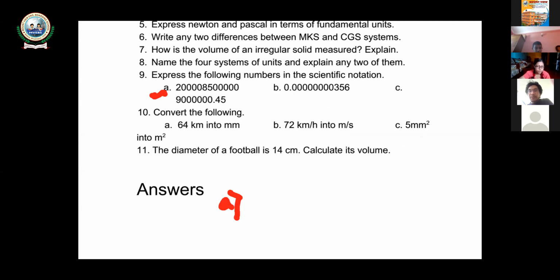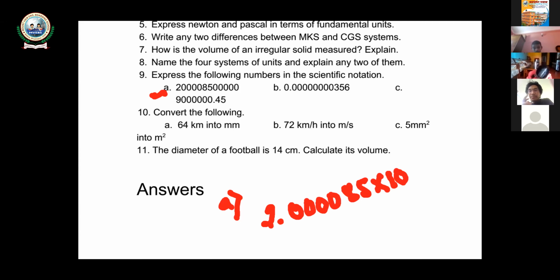If you count, you can see 2 point, here you have 0 0 0 0 8 5 into 10 to the power. When we write the scientific notation of a big number, we always shift the decimal to the left side, and every digit counts a positive power.